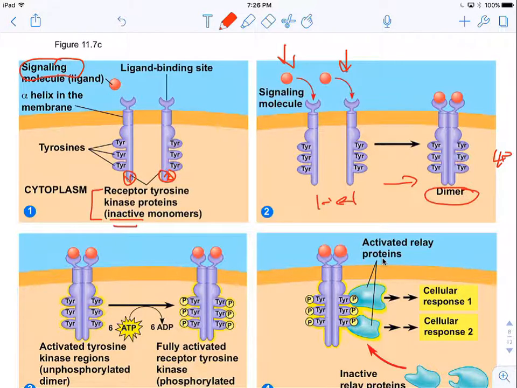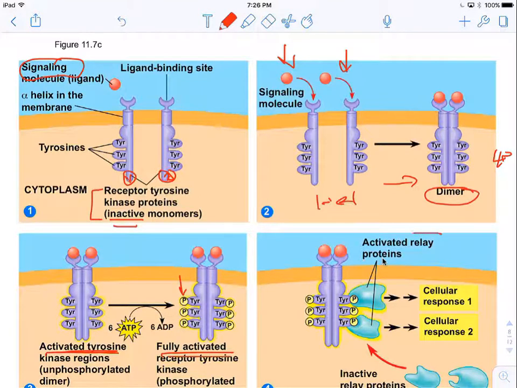Once these two come together with the ligand attached, the receptor tyrosine kinase becomes activated. And it begins to phosphorylate stuff like crazy, but the first thing it adds a phosphate group to is itself. Once it adds phosphate groups to itself, it becomes fully activated and it can begin to phosphorylate other things.